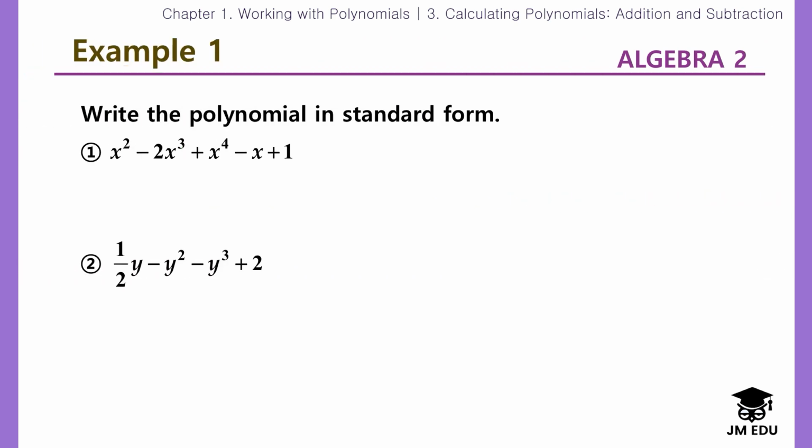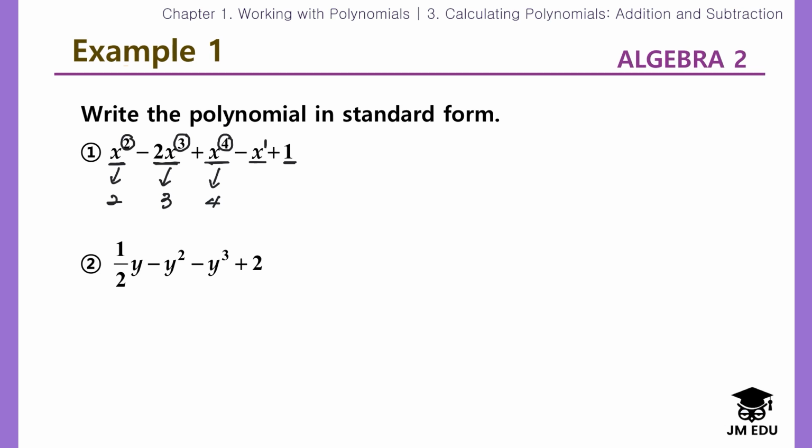So let's try example number 1. Write the polynomial in standard form. Okay, look at each term right here. This one has a degree 2, right? Degree 2. This term, degree 3. This term, degree 4.